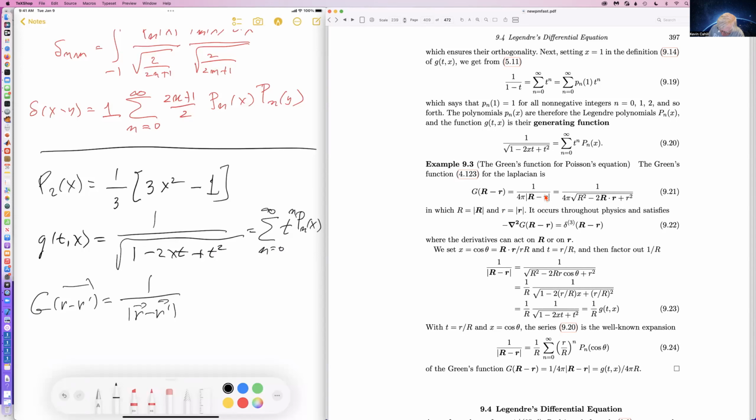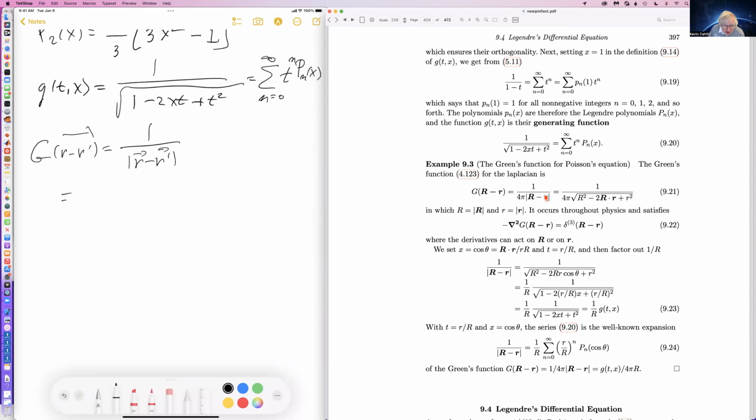And so this is 1 over the square root of this thing squared. And that squared is r squared minus 2 r dot r prime plus r prime squared.